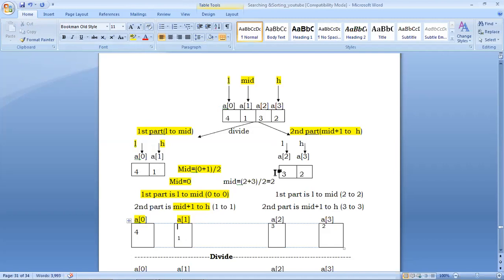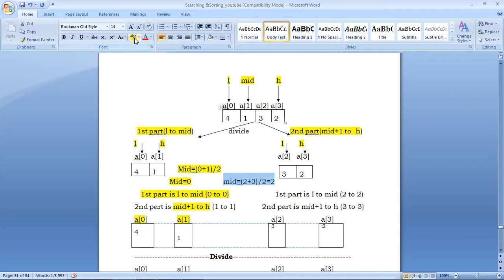Now similarly, look at the right hand side part. Second part, that is A of 2 and A of 3. Identify the lower index value of the second part. Here 2 is the lower index value and the higher index value of the second part is 3. Now for this second part we have to calculate the mid index value.